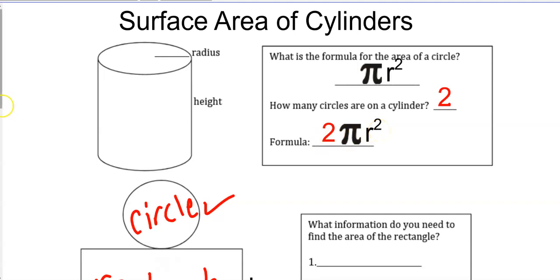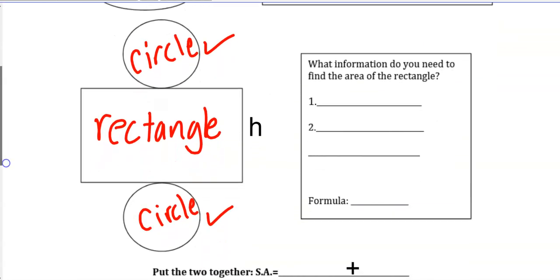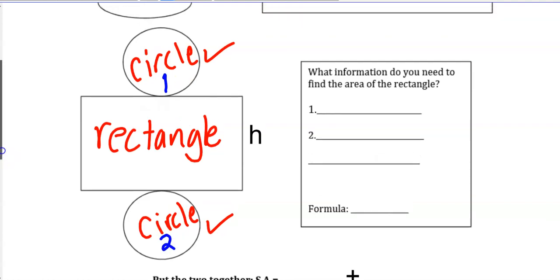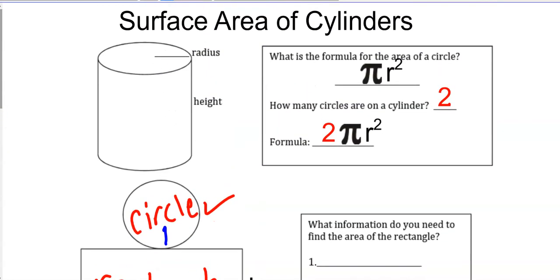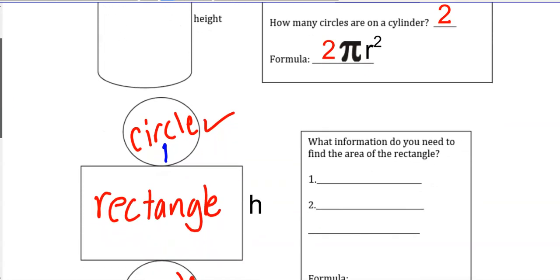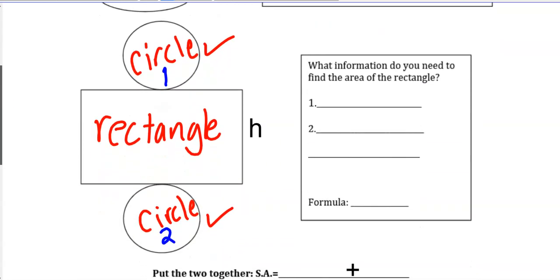Again, if we look at the net, we have these two circles, circle number 1, circle number 2, and since we have two of them, it's 2 pi r squared. That's not the only part of the cylinder, though.